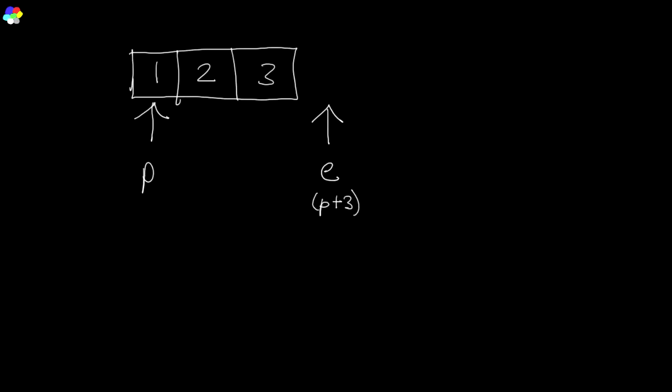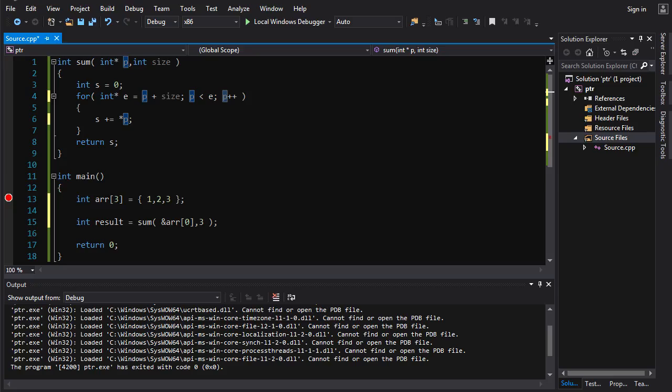And then for every iteration of the array, we access this one, we add it to the sum, and then we move P over by 1, like this, and then we add that in, and then we move P over by 1. Every time we compare it with E: is P still less than E? Okay, then add, and then move over. And now we compare, is P less than E? And no, it's not less than, so we quit out of the loop, and we return the sum.